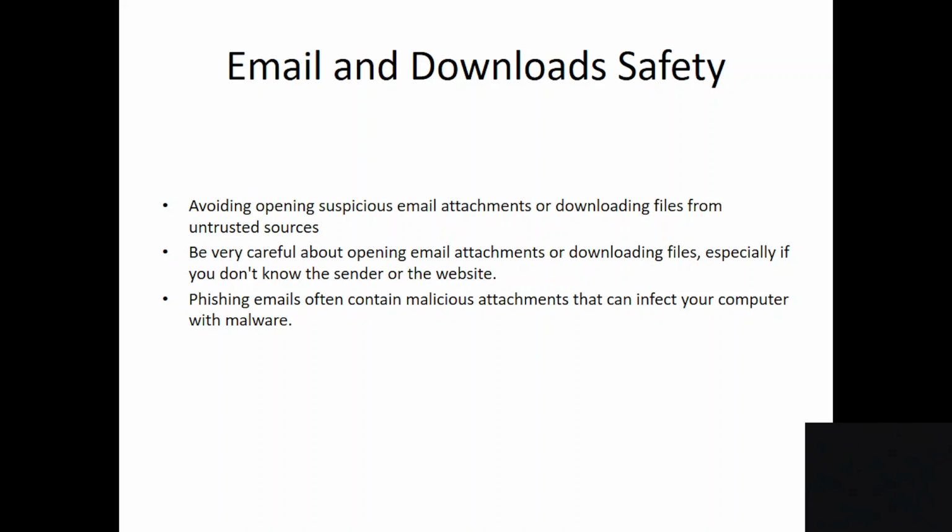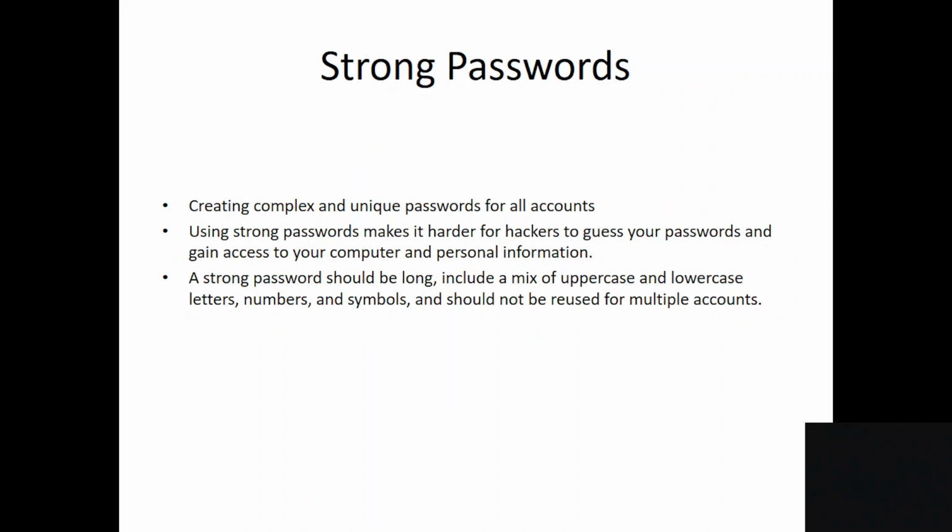Be careful about opening email attachments or downloading files, especially if you do not know the sender or the website. Phishing emails often contain malicious attachments that can easily infect your computer with malware.